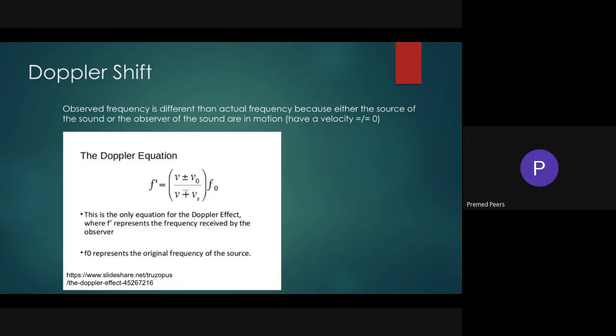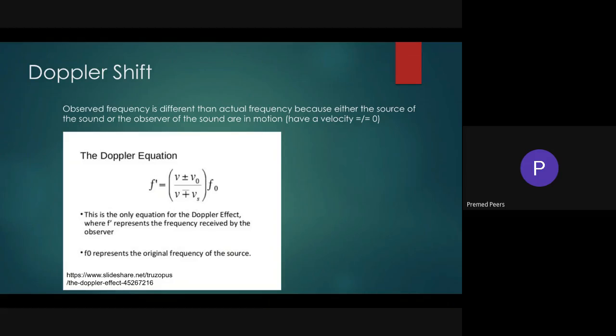So when it's coming towards you, that's going to be a positive VS. And then in this case, you're the observer, so VO would be 0 because you're stationary. So you can see here when you have the positive VS, so your ambulance is coming towards you, you would subtract that.